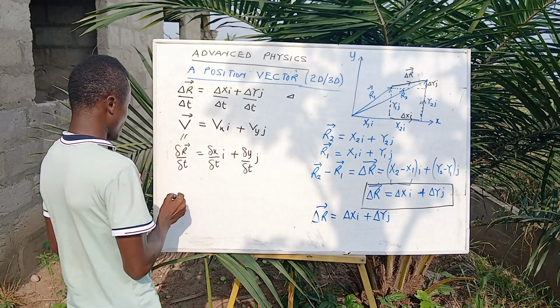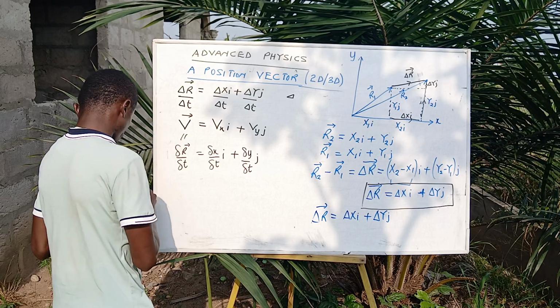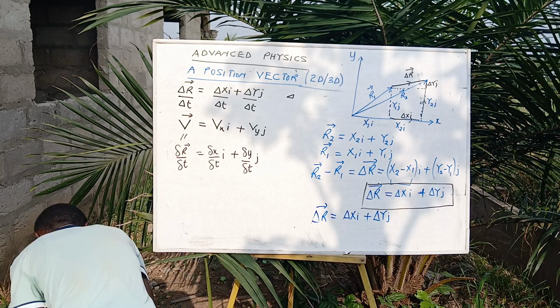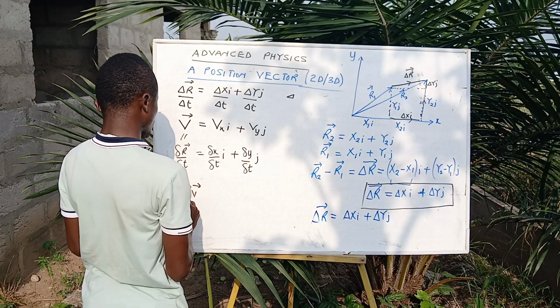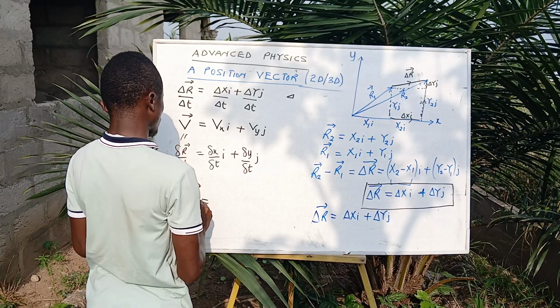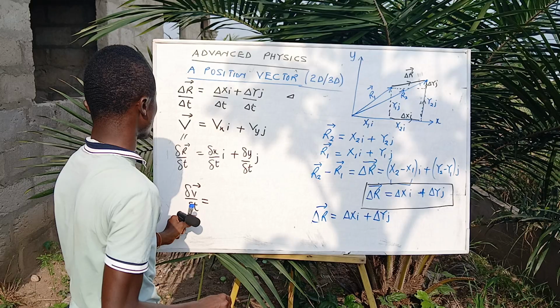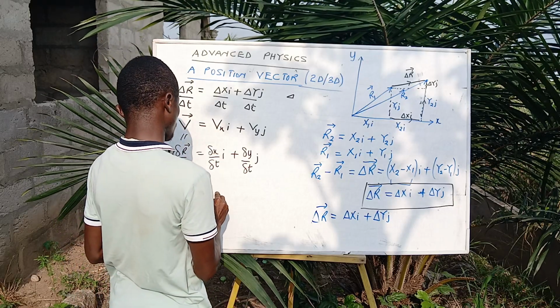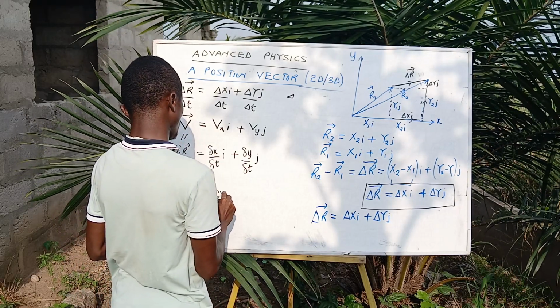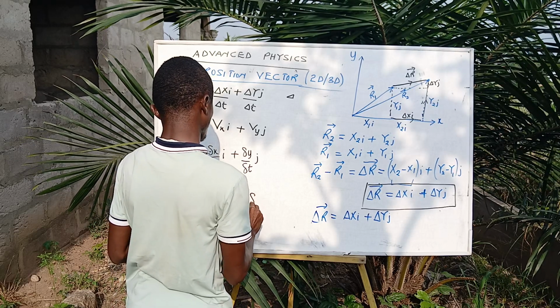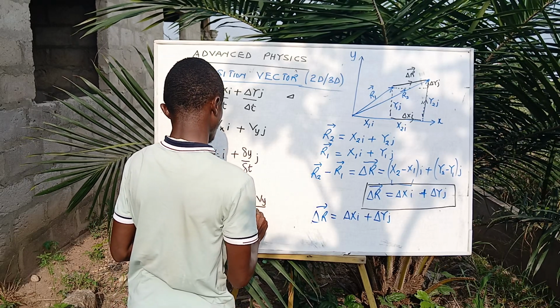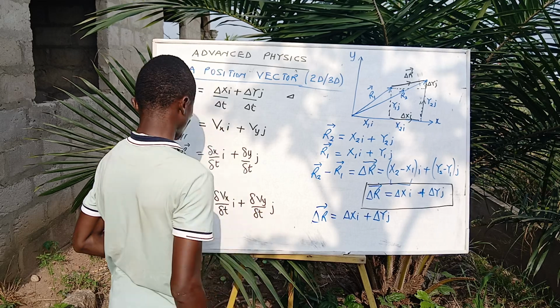So dv/dt, and we are able to do this because time is a scalar, is equal to the dvx/dt in the i direction plus the dvy/dt in the j direction.